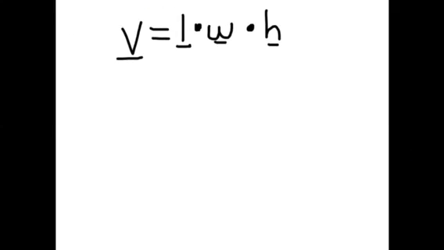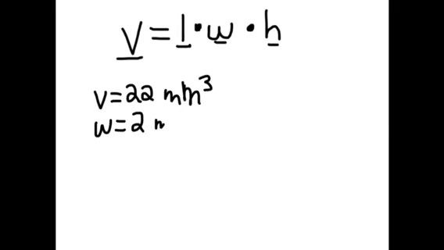Okay, now that you know the formula for volume, it's time to take that knowledge a step further and understand how to manipulate the formula for volume. So let's imagine a scenario in which we have a volume of 22 millimeters cubed, and we have a width of 2 millimeters and a length of 5 millimeters.